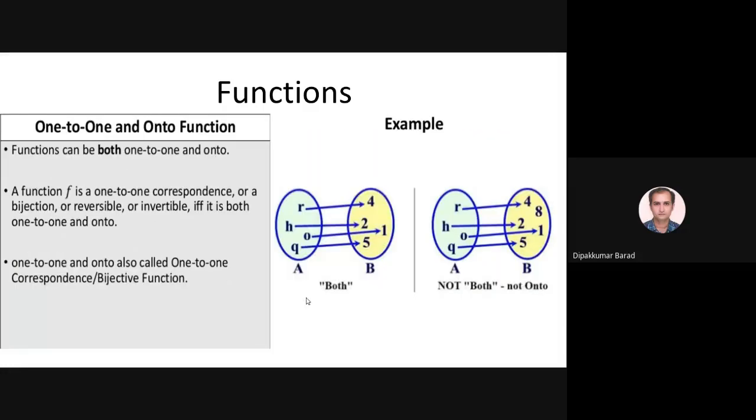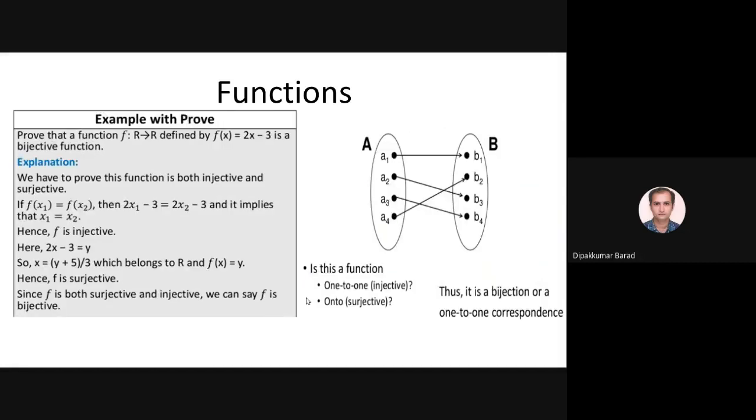If a function is one-to-one and onto, we call it a one-one correspondence or bijective. So those functions which are one-one as well as onto, we call bijective. Bijections are reversible or invertible, both one-one and onto.